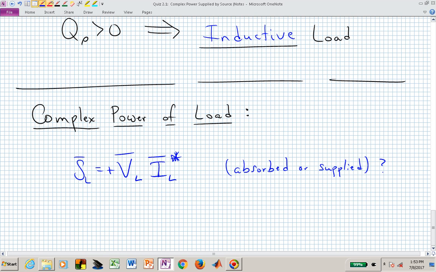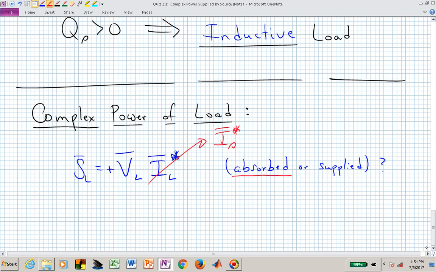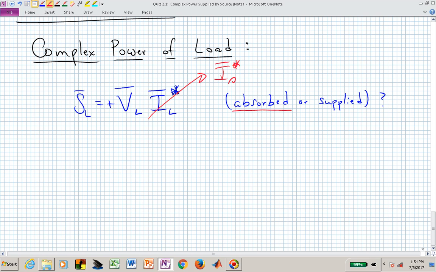And I hope it's clear that because this is a series circuit, this particular current is the same as what we just found above, and the current of the load is in fact equal to I sub S that was being supplied by our source. Or we can now find, and we've just convinced ourselves, I hope, that that is now the absorbed power of the load.